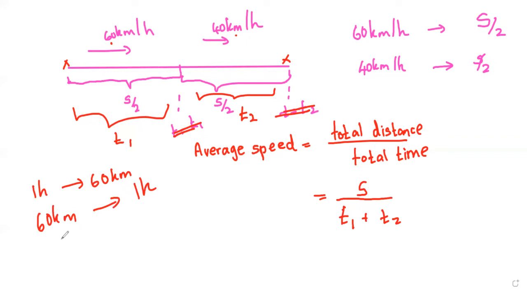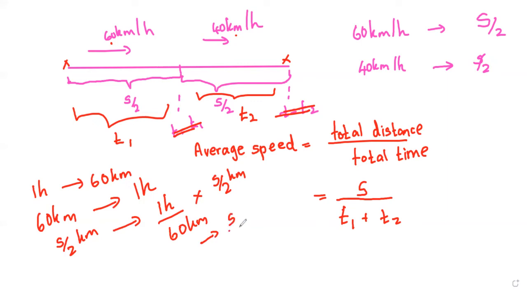We need to find how long it takes for x by 2 kilometers. It's like the mango question we already did. For 60 kilometers we take 1 hour, so we multiply by x by 2 kilometers. If you do so, you are going to get x by 120. If you multiply directly, the kilometers cancel and we get x by 120 hours.